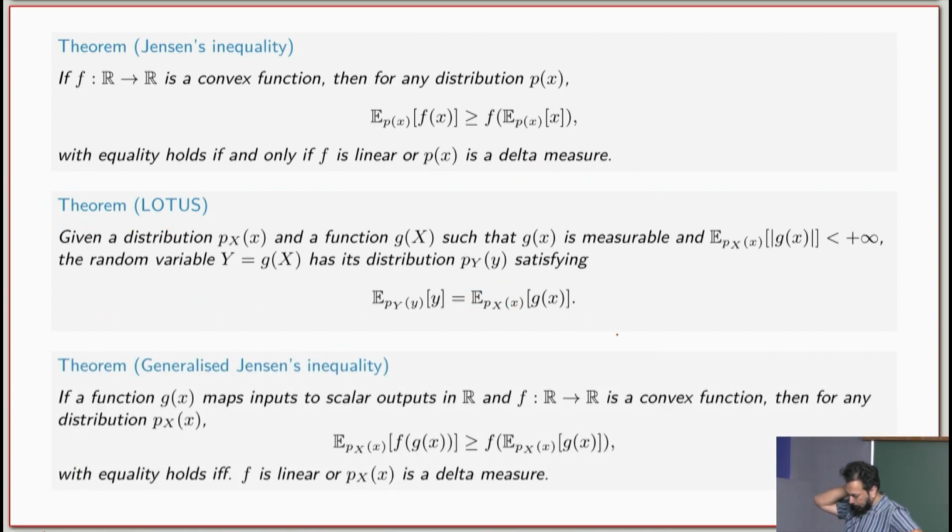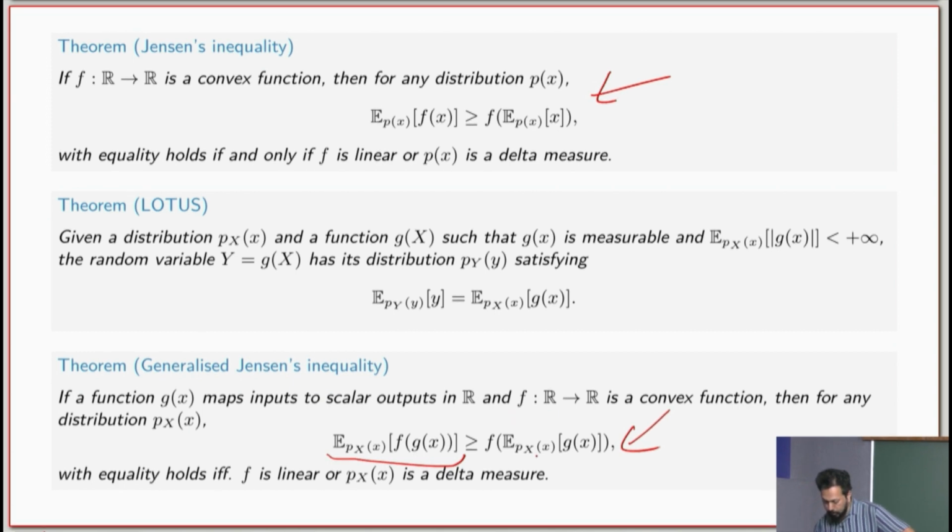And we can have the generalized Jensen's inequality. If you compare the usual Jensen's inequality and the generalized one, you can see that wherever there was x, now we can have g(x). We are not going to prove these results, but we keep this in mind. This is more into probability and stats. Again the same thing holds: if f was convex, that is guaranteed.